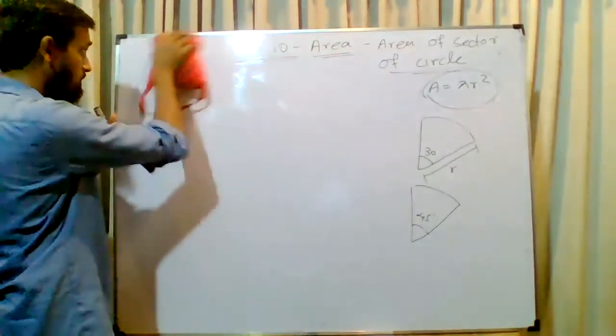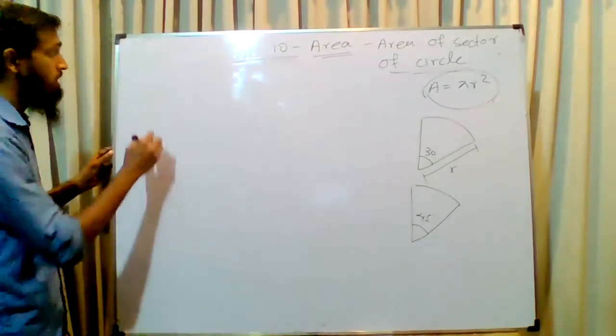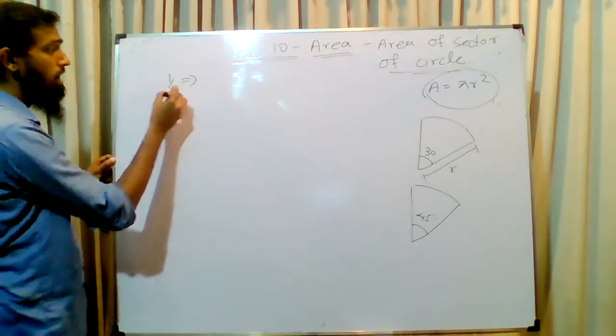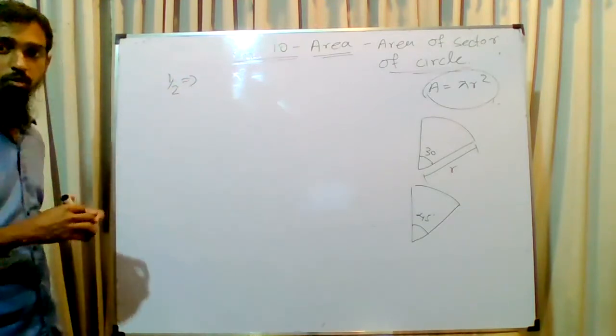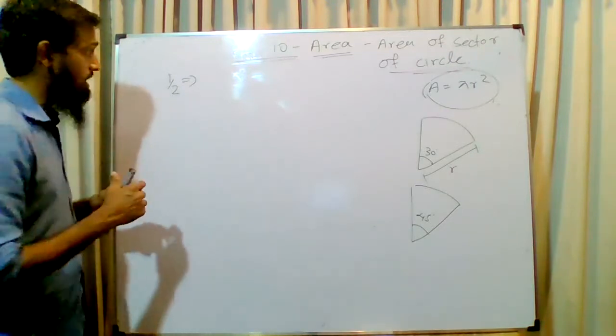So how do we find the portion of a circle? How did we find the semicircle as half? Always the portion of the circle is found by the center angle.